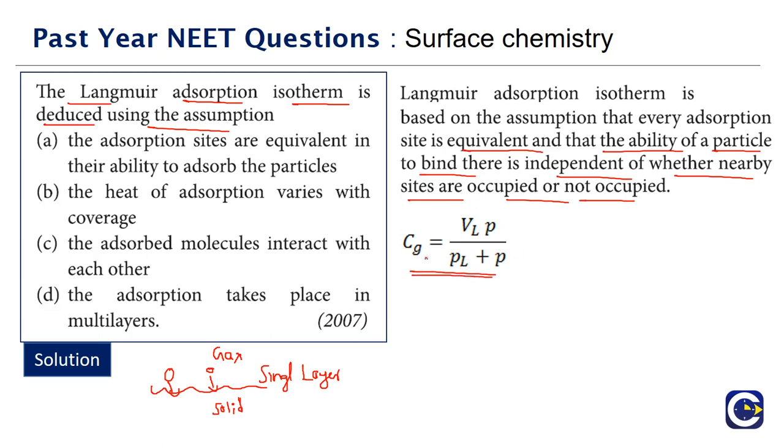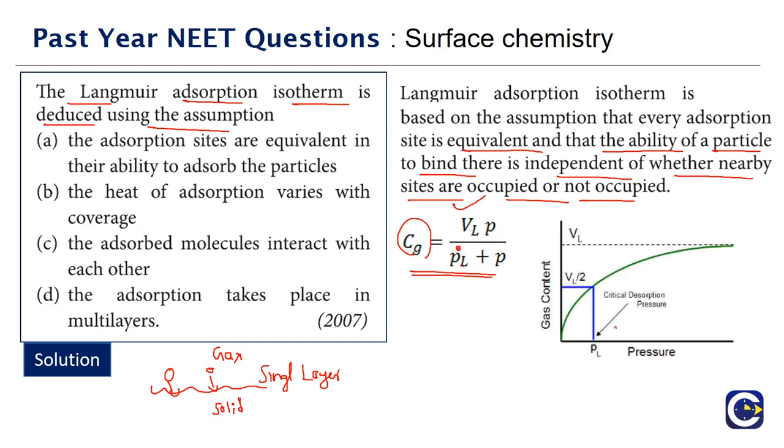The adsorption is explained by this expression where the amount of gas adsorbed will be equal to VL, the saturation volume, into P divided by PL plus P. So the PL is what we call the critical desorption pressure. It is the pressure where we will reach half of the VL value.